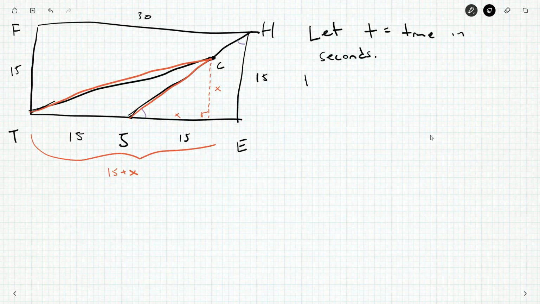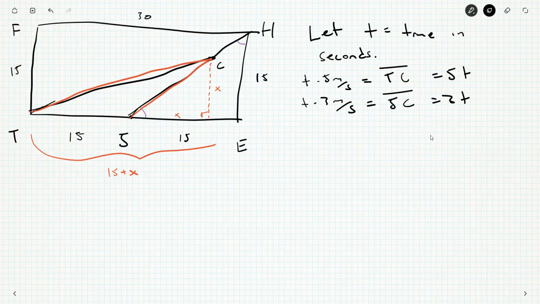So T times 5 meters per second has got to be equal to the length TC. And T times 3 meters per second has got to be equal to the length JC. So really, ignoring the units, we got 5T and 3T. And I can relate them both to X. 2 equations, 2 unknowns, I should be able to solve in theory.